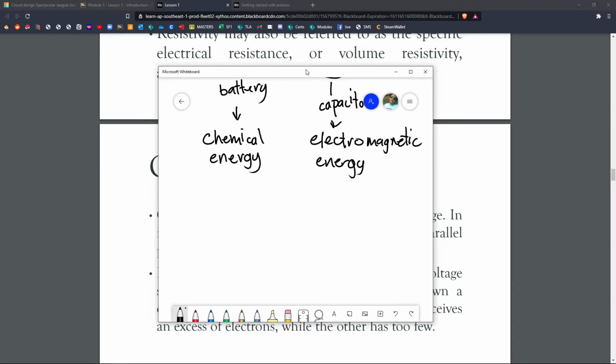So, let's draw a battery here. They actually look alike. So, this is a capacitor. Capacitor, ganito yan sa battery. Battery is just ganyan. So, this one is charged with electrons. Electron charge yan siya.